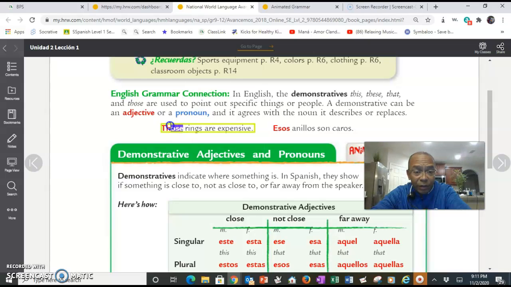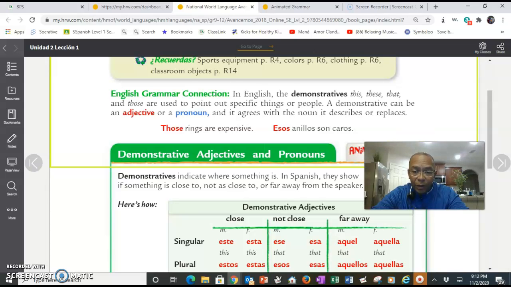The demonstrative adjective here is those rings. Notice it's those, you don't say these. Now you could say these if you're actually touching the rings, but those are somewhat far away from you. In Spanish it is esos anillos son caros. Those and esos are similar.